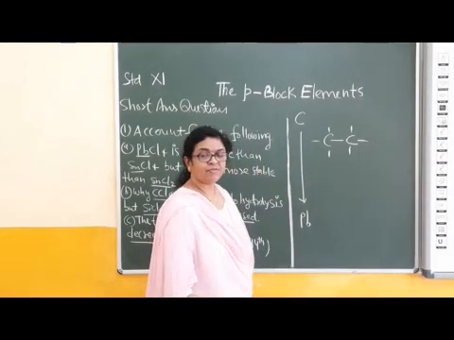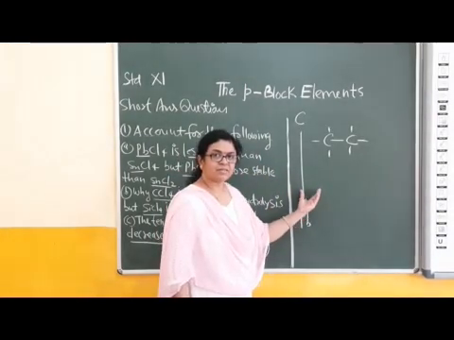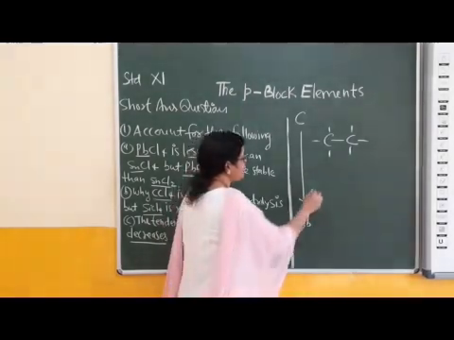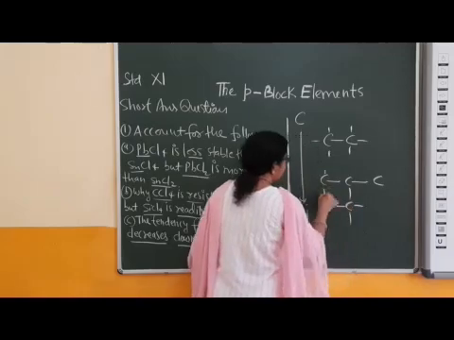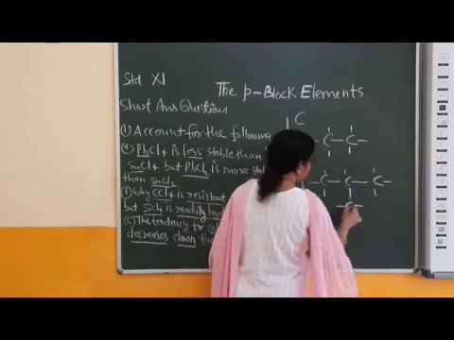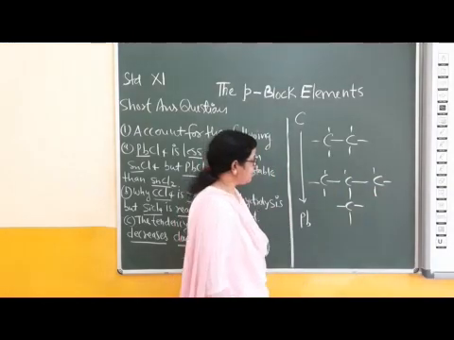Like this, carbon forms different types of compounds. Different types means unbranched, branched, cyclic, aromatic, aliphatic, like this, right? For example, in a branched organic compound, a small branch of a CH3 group is present.